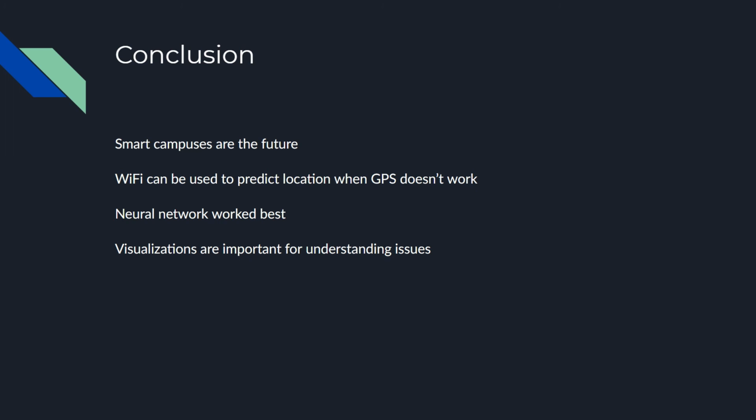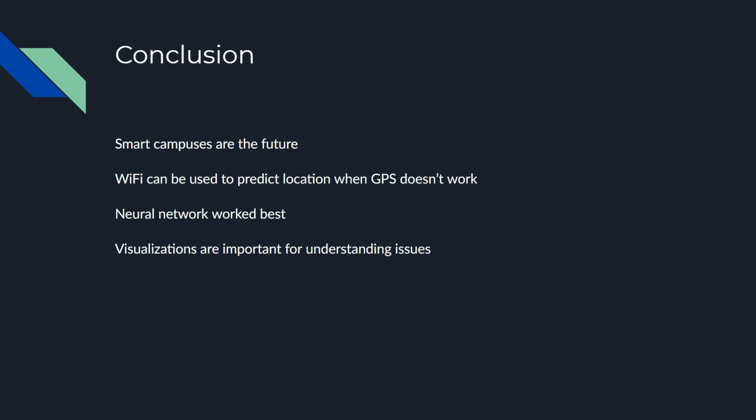So in all these situations, data would need to be constantly collected, and it would also need to be constantly updated and processed. Now this is where visualizations come in. Visualizations are extremely important for identifying hotspots around campus that are very difficult to understand.